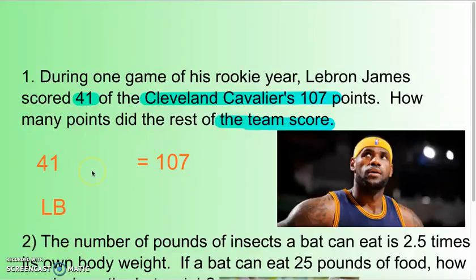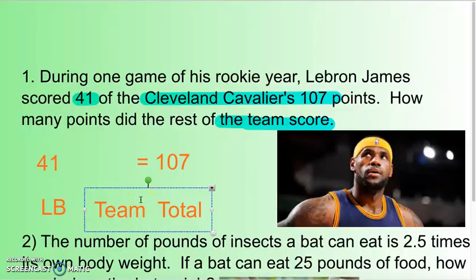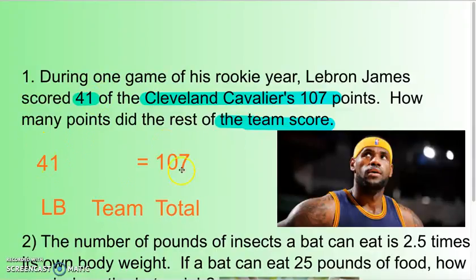If I'm missing the team's points, okay, so I'm going to put team, and I forgot to put, these are the total points. I'm trying to figure out, if LeBron James scored 41 points of this total, and I need to figure out the team's points, how are those numbers related? How are LeBron James' points related to the team's points?